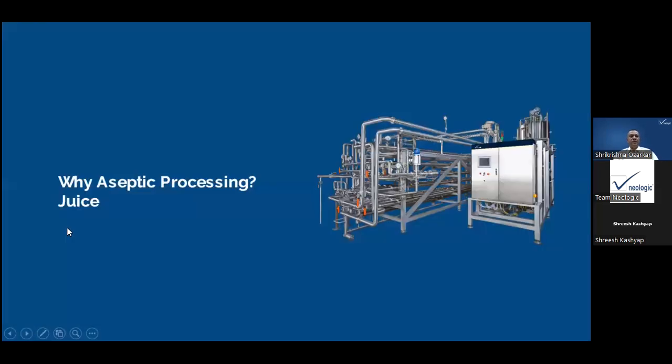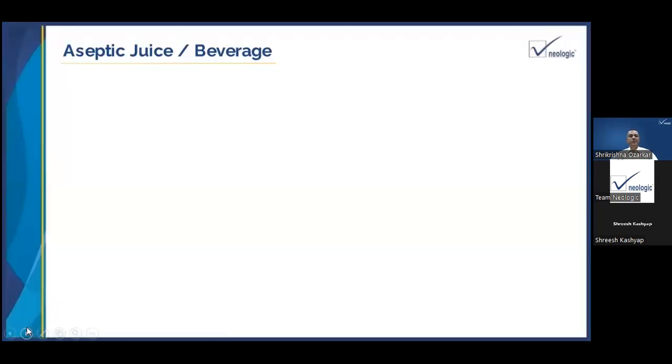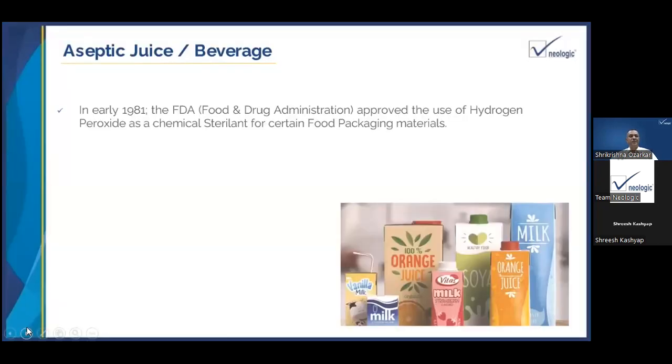Now we understood why we should process the pulp or puree aseptically. Let us also try to understand why we should be processing juice aseptically. It can be processing of juice or beverage. The aseptic processing of juices or beverages started way back in the 1980s, when the FDA allowed the use of hydrogen peroxide as a chemical sterilant for food packaging materials.